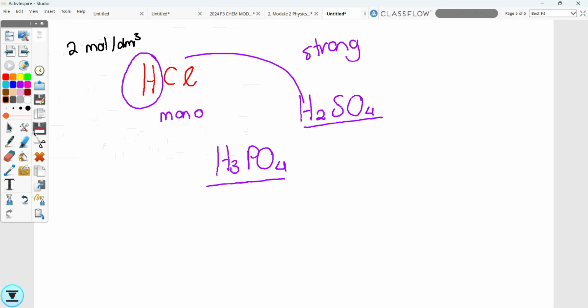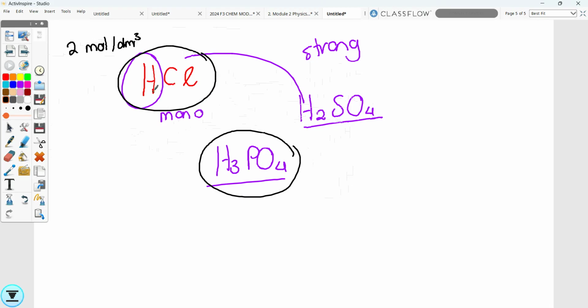The number of ions. Tell me again, what is an electrolyte? A substance that can conduct electricity because of free moving ions when molten or dissolved. So the more free moving ions I have, the better they will conduct electricity. But this one, it's H3PO4, but it's weak. So is it going to ionize completely? No.